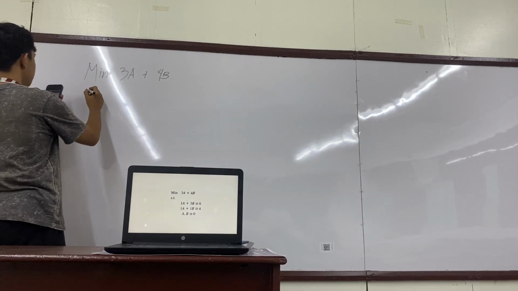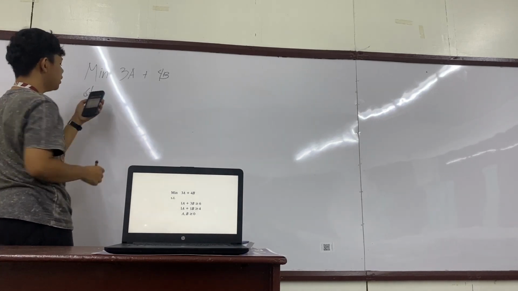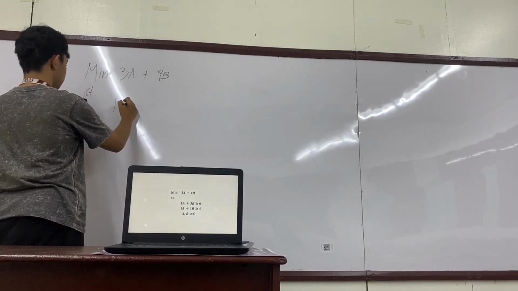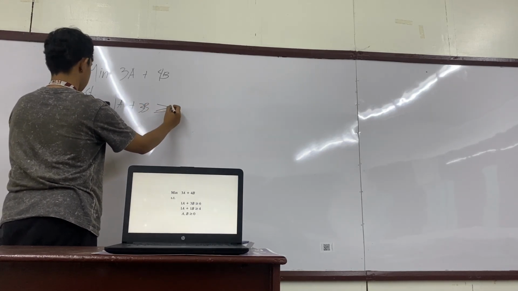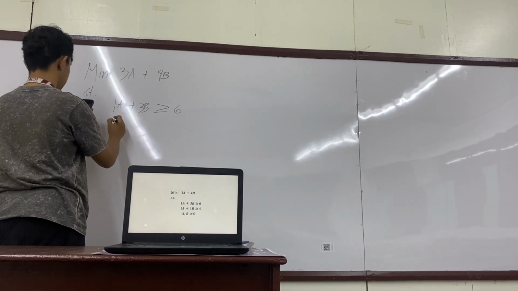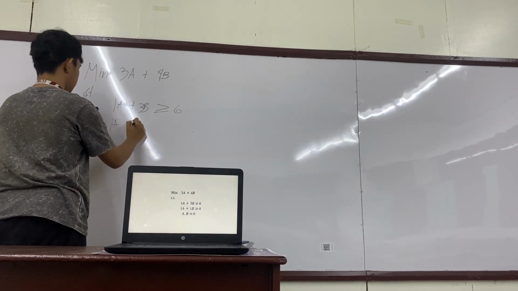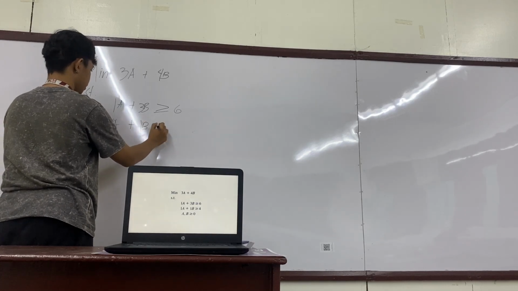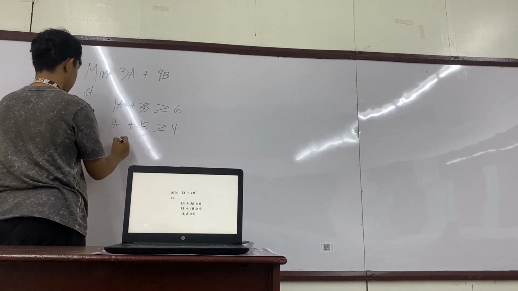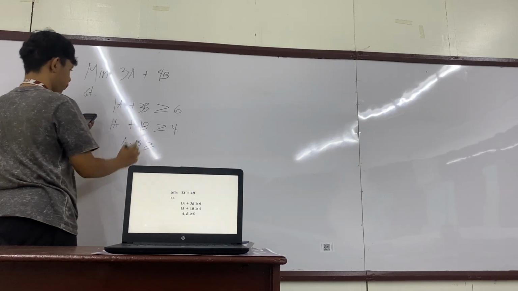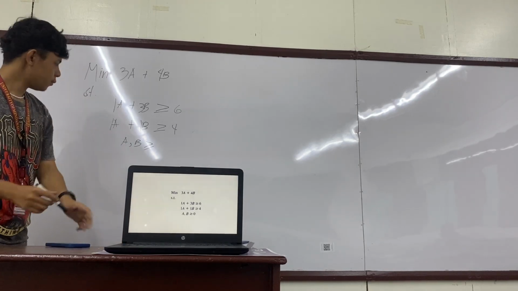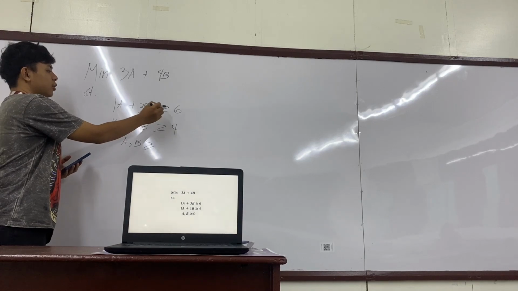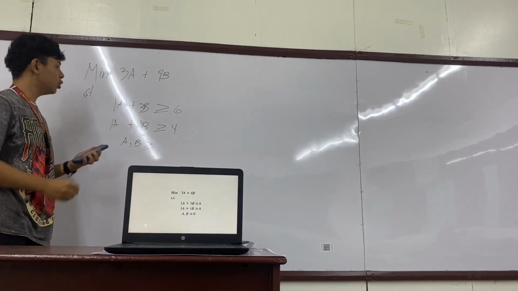So this is the given. Then let's solve it. As you can see, this is 1a plus 3b is greater than or equal to 6.